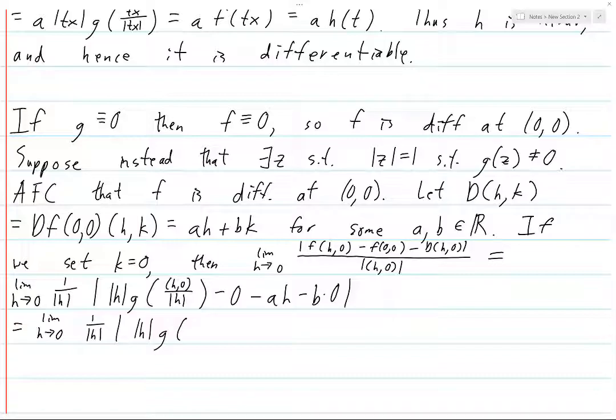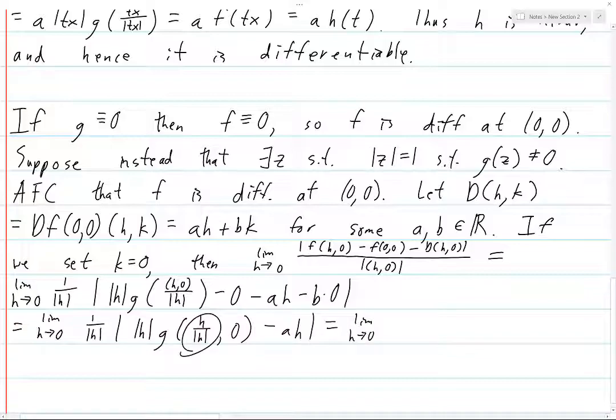So what this becomes is g of (h over the norm of h, 0). Note that here we're writing this in 2 coordinates. So in the first coordinate we have h over the norm of h, and in the second coordinate we have 0, and we subtract ah from this. Okay, so this is going to be the limit as h goes to 0.